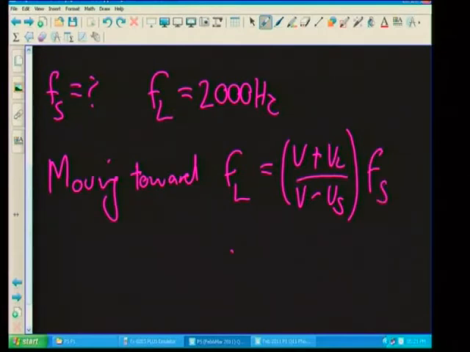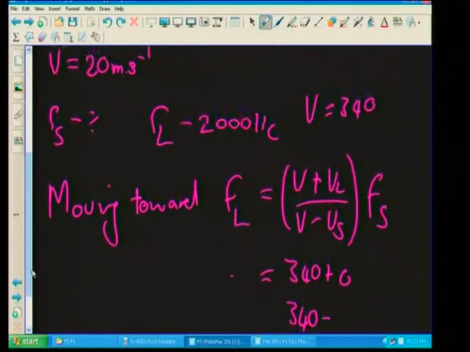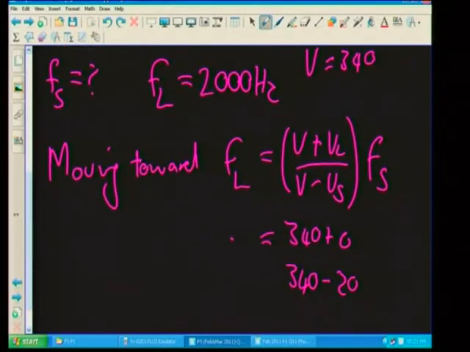And what we're going to do here is substitute the values. Let's just take V as 340. When you substitute, 340 plus 0 over 340 minus the constant velocity of 20 meters per second, times the frequency of the source.